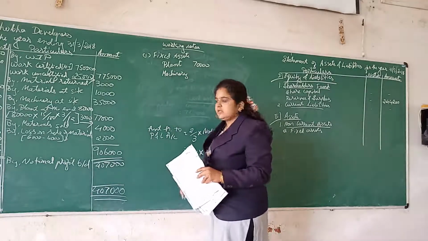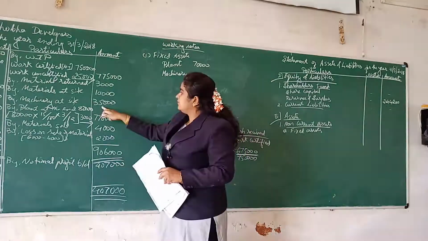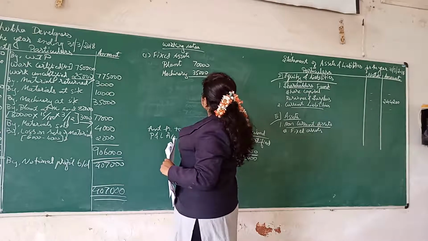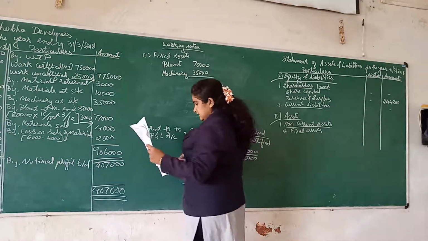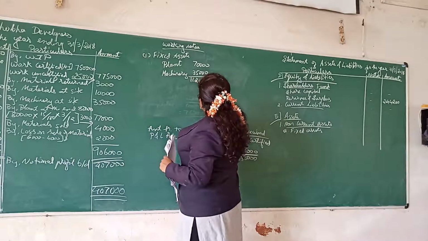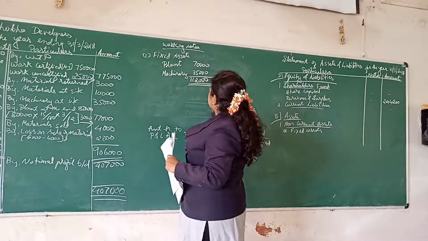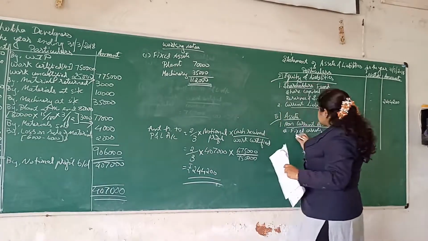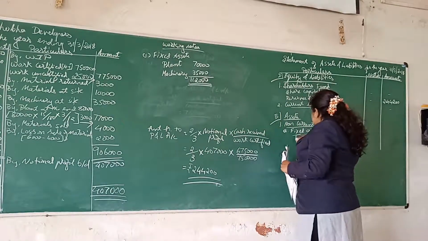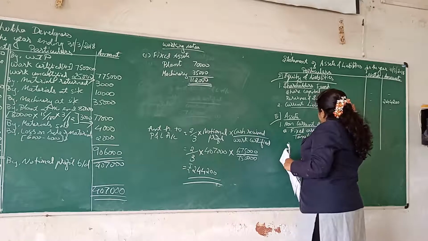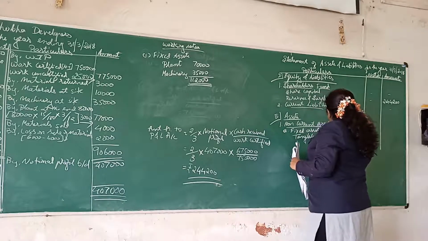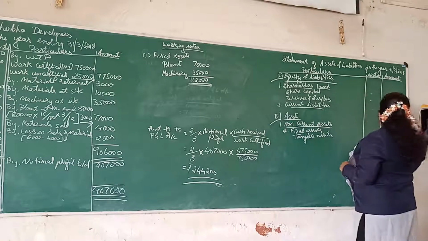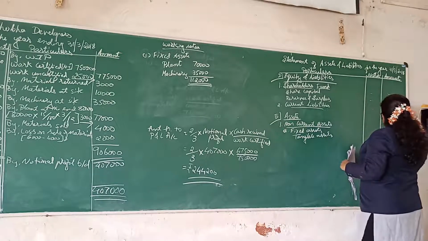So machinery at the end, machinery at site, is 35,000. Add it, that is 1,12,000. Show this amount here. So under fixed assets we will be having tangible assets. This is note 1. The amount is 1,12,000.